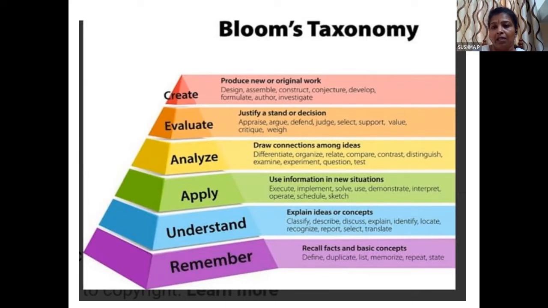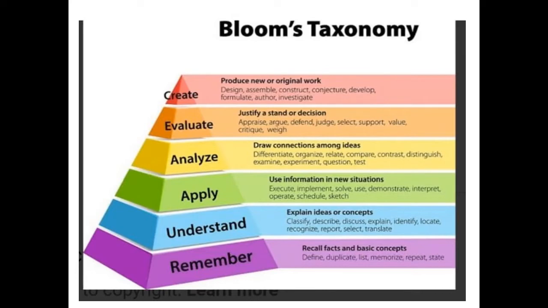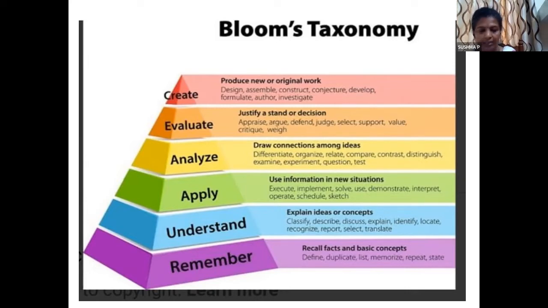That was the main thing that the present education policy speaks of. So how to do that? The higher order thinking skills include terms that can be used to describe it, such as compare, justify, or design.